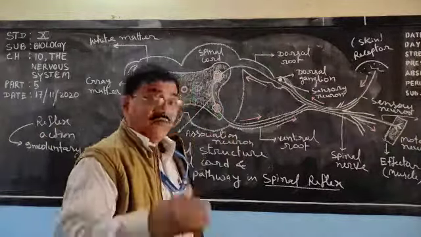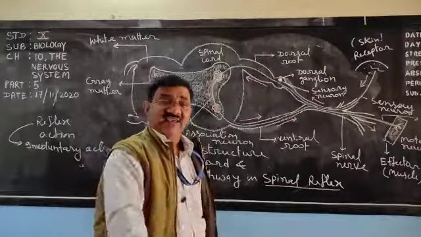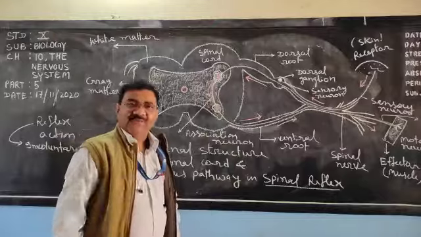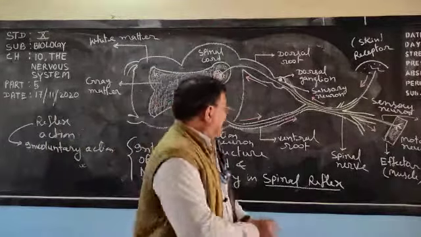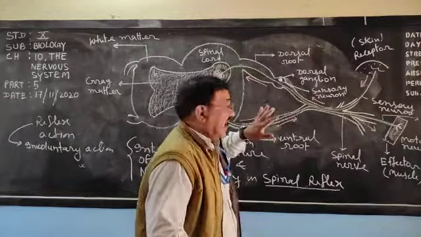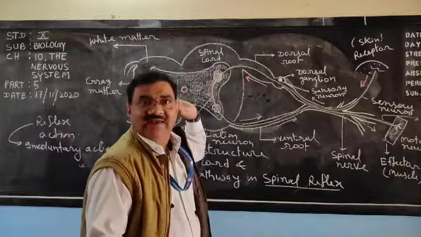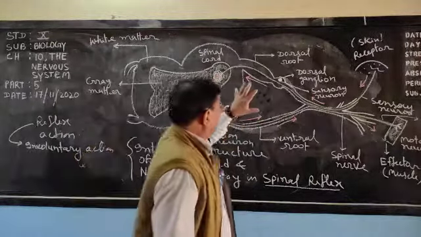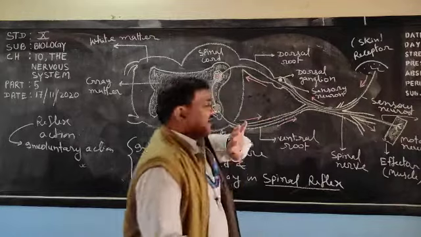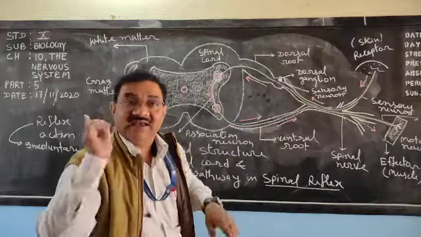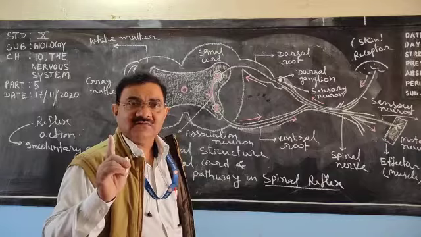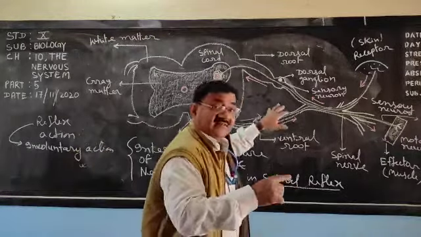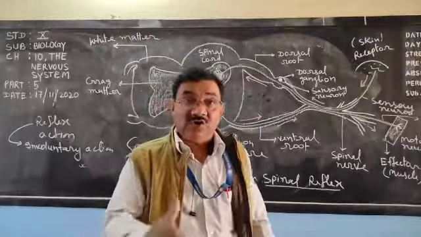Now, where can we see reflex action? Suppose our blackboard is a hot object and I am touching it. As I touch it, I remove my hand. Since it is hot, I touched and I removed my hand. How is it possible? Will this impulse go to the brain?